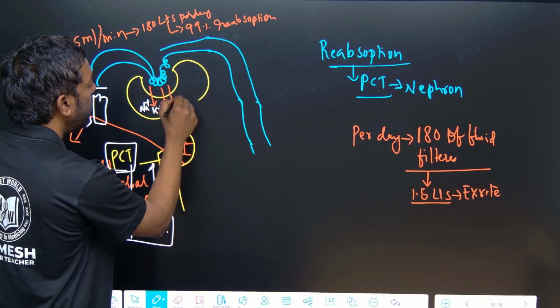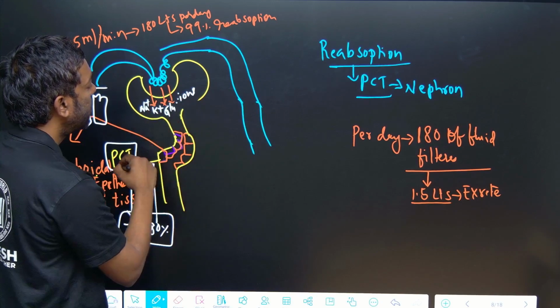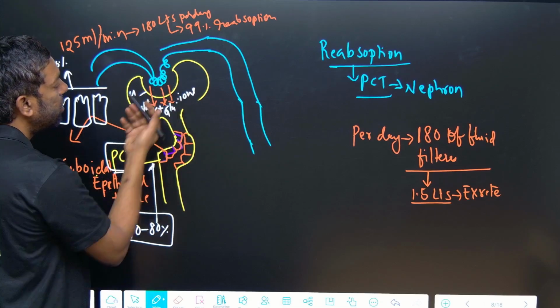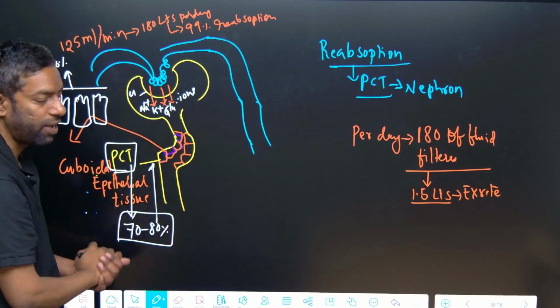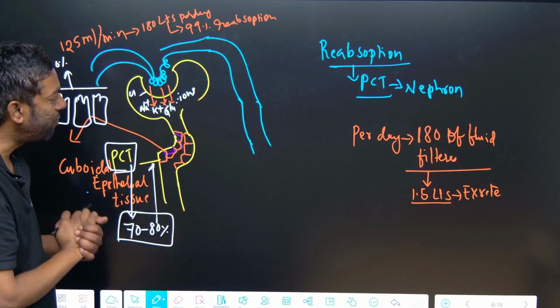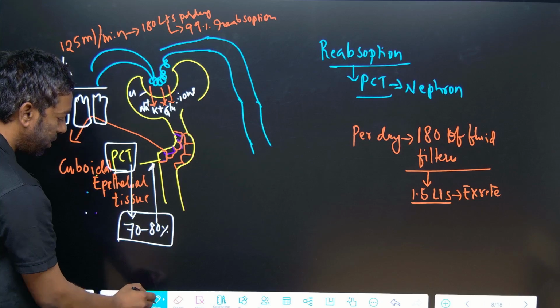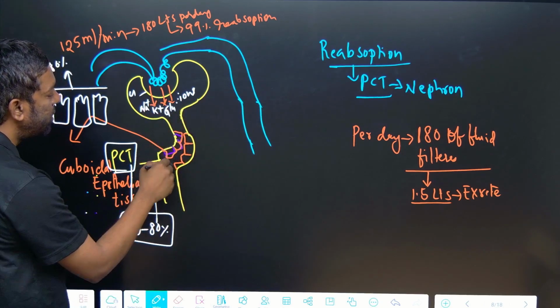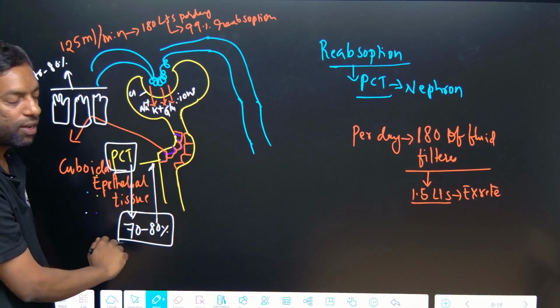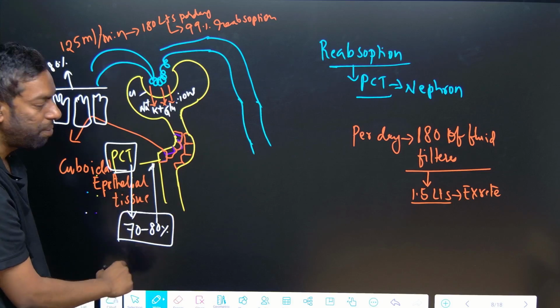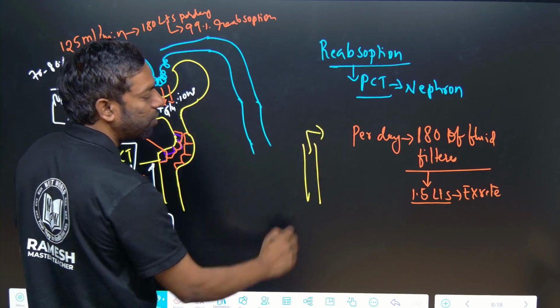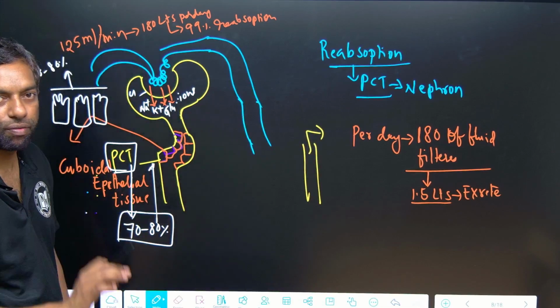If glucose is filtered here into the lumen of the nephron and exits through the collecting duct, glucose in the urine is not good at all.